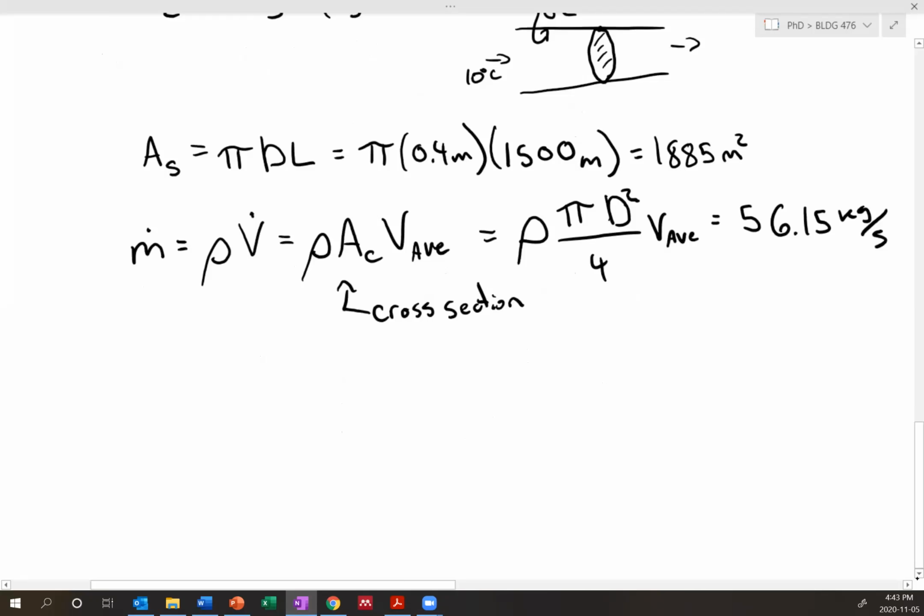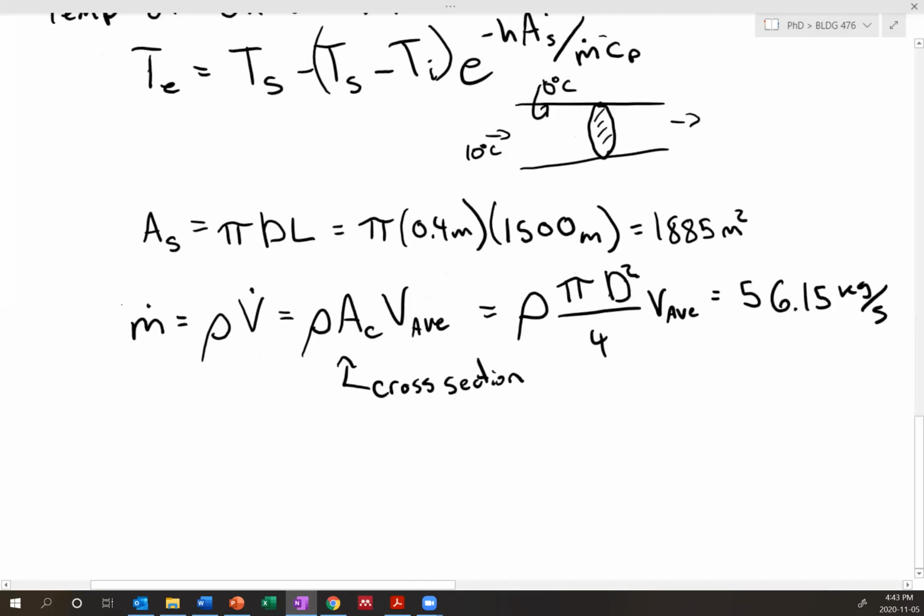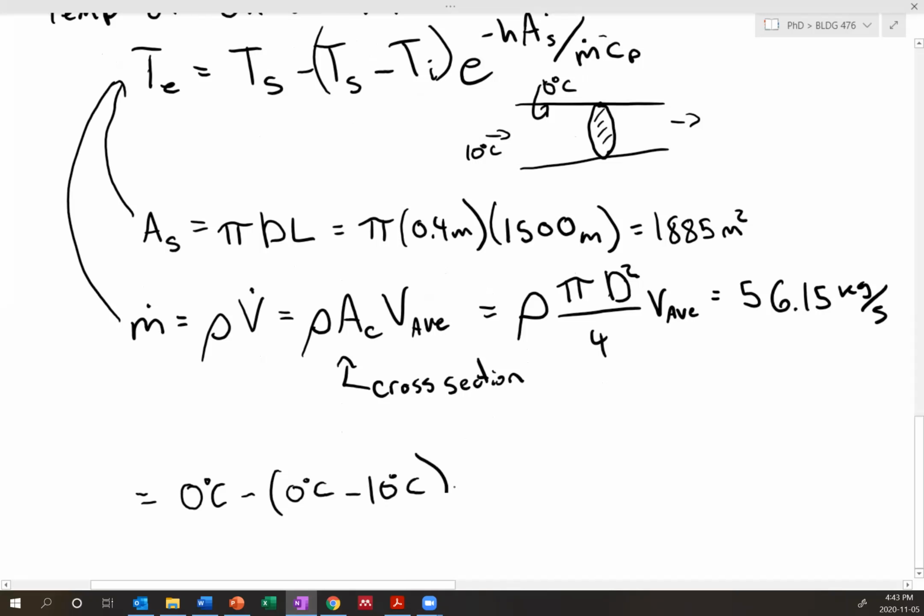So taking both of these and plugging them into this equation, we'll get 0 degrees Celsius minus 10 degrees Celsius. So another one of those situations where because we're dealing with differences, we're able to use degrees Celsius, but if you're ever unsure, you can always use Kelvin.